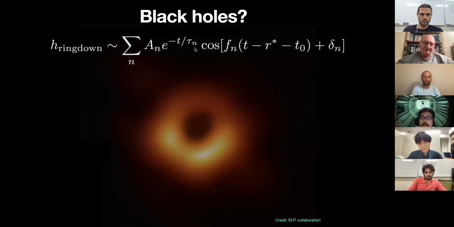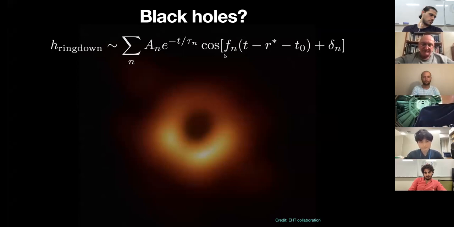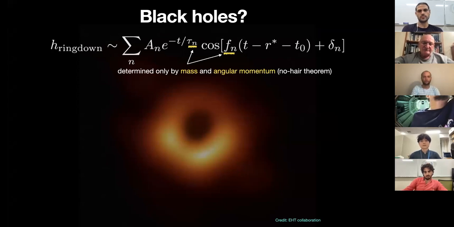This 1 over tau n represents the damping rate, and f_n is the typical frequency of the black hole. Each black hole has an infinite number of quasinormal modes. The interesting thing is that the damping rate and the frequency are determined only by the mass and angular momentum by virtue of the no-hair theorem.